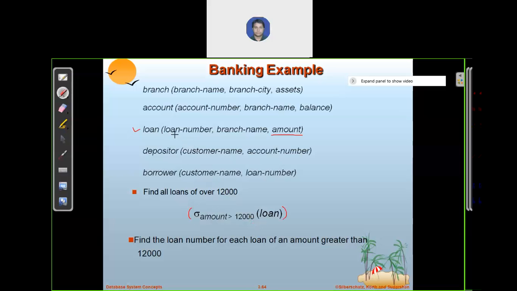Okay. Out of these, we just want the loan number. So when we want to return only one attribute or a set of attributes, which operator do we use? Please reply in chat. Which operator do we use to retrieve only the loan number for this query?